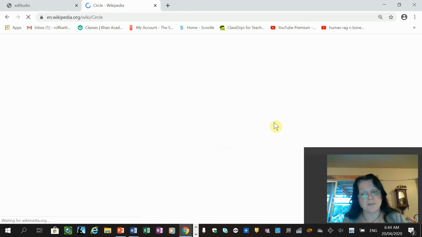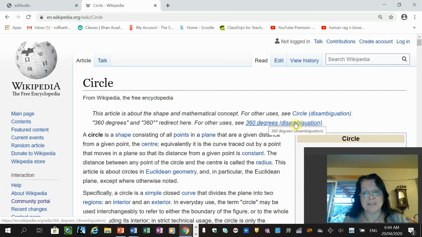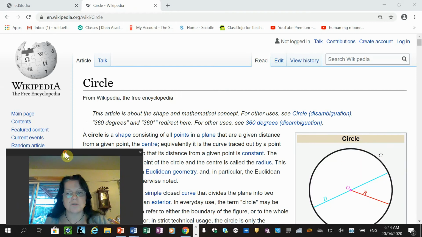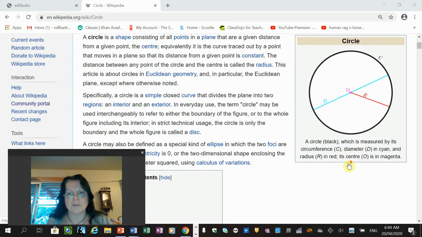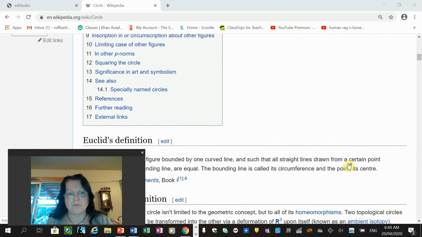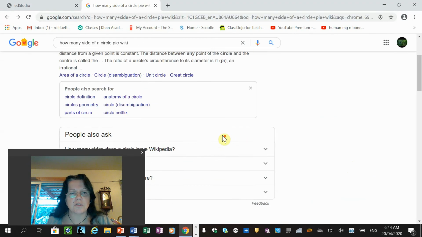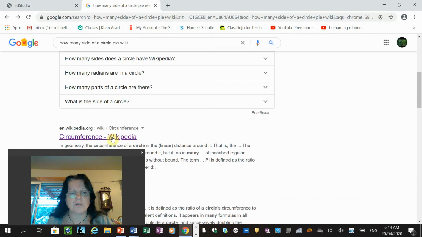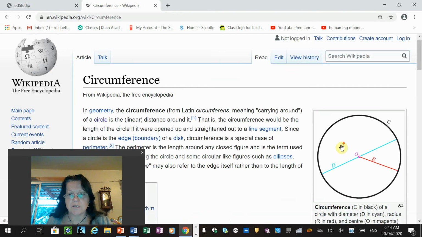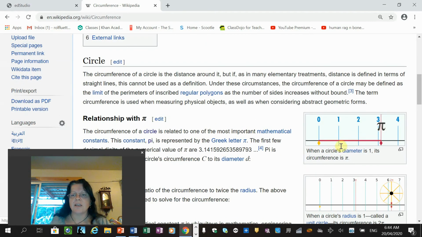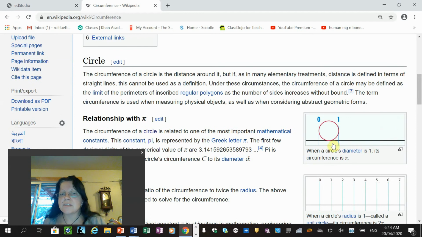And this is where distance learning is really good, because as soon as you don't understand something, you can have a quick Google, which you really wouldn't be able to do in the classroom as easily as sitting in front of your device. That's not what I'm looking for. Circumference, Wikipedia, that might have it. Yes, it does. Okay. So it's this little video here.